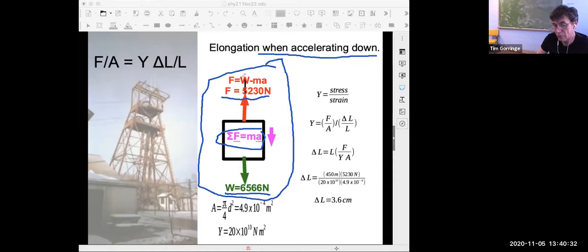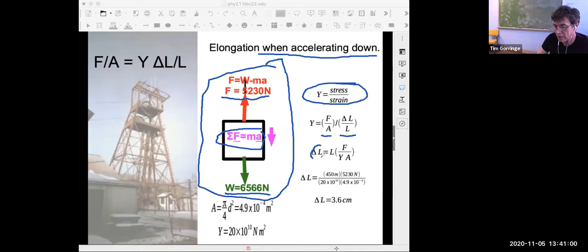And so since, again, we know the weight, we know the mass, we know the acceleration, plug all those numbers in, and now the tension force in the cable is smaller than when the elevator was just sitting there. So it's 5,200 newtons. And then we can just work through the same procedure. I'm tired of saying this every time. Relationship between stress, strain, and elasticity. We can fill in the relationship between force and stress, between elongation and strain.